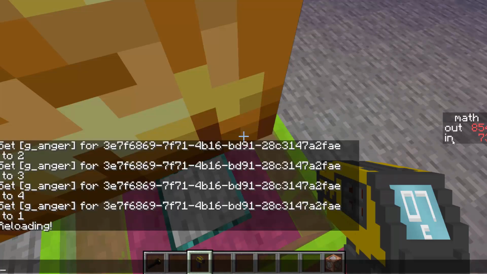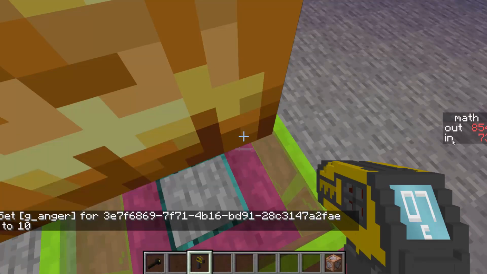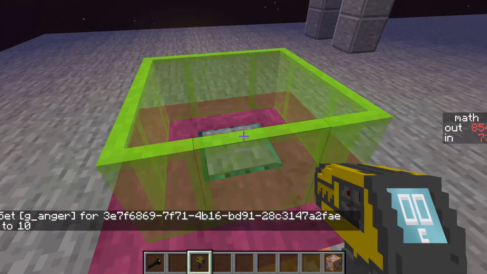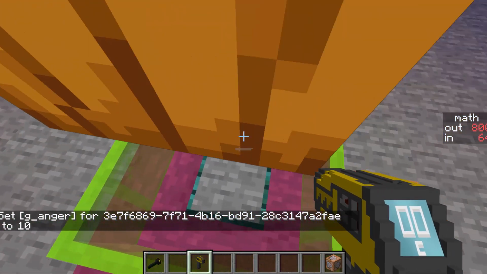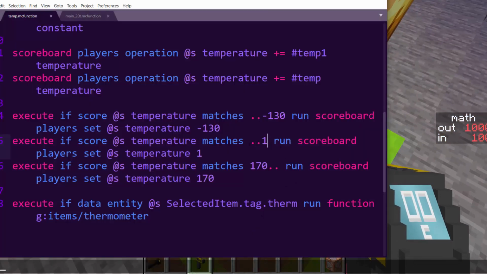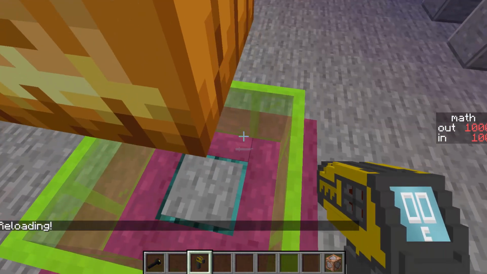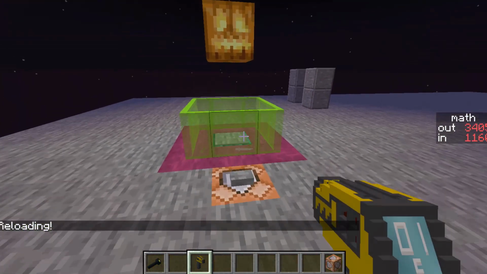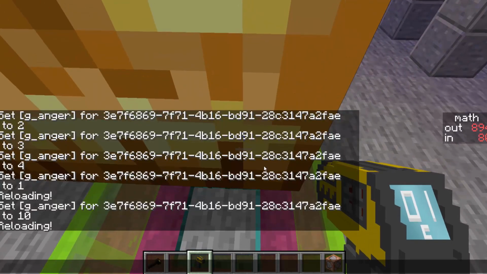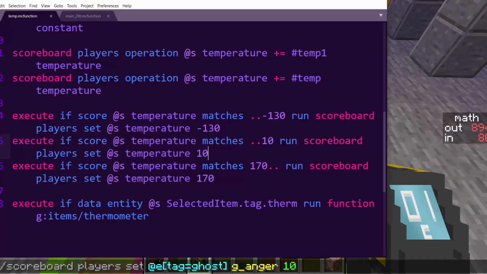So you can see even when I get up to anger of 10, at worst you'll hit 1. So people can't call that as evidence. They'll be like, oh, it's 1 degree, right? So yeah, and I'm going to add positive and negative fluctuations, so that's a pretty easy thing to manipulate.